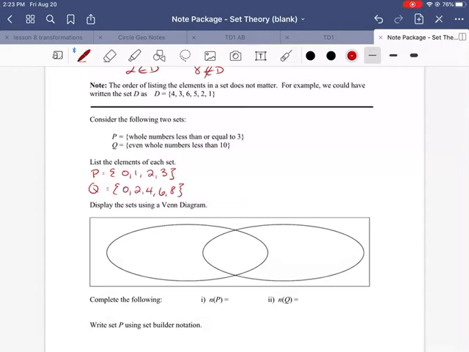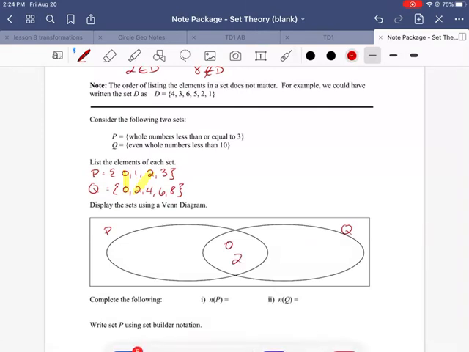So let's display these sets using a Venn diagram. We've got set P, we've got set Q. Now, is there any of them that are common between the 2 sets? Well, 0 is going to be the same for both, and it looks like 2 is the same for both. So if they're both included, they go in that middle section here.